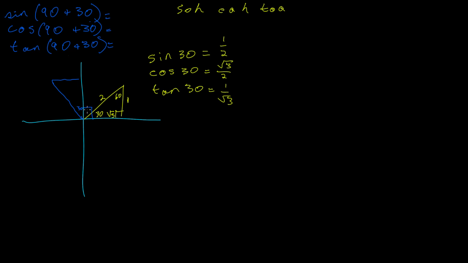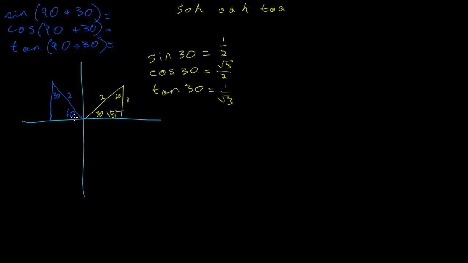This is our 90, and this is our 30. 90 plus 30. But wait a sec. The angle that we're going to be using to find our answers here is actually the other one. It's actually 60. I hope this makes sense to you. I really hope it does, because this greatly confused me at first. So our triangle is actually going to look like this.